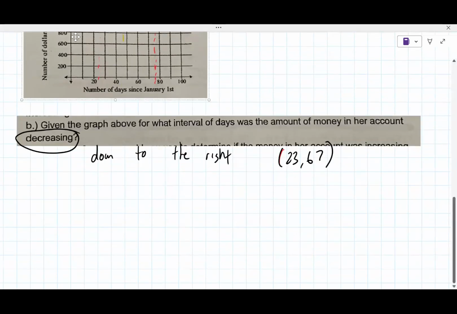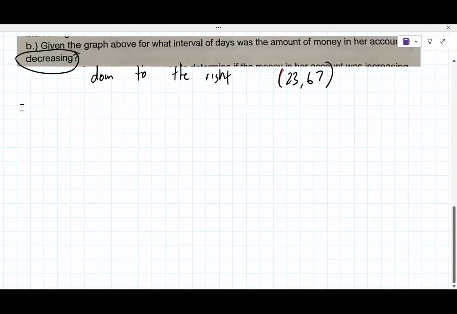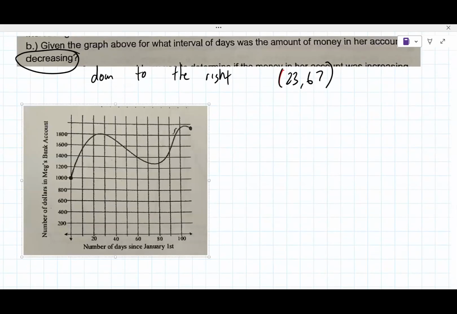All right, let's keep going here to part C. What does part C say? Can you read that for us, please?